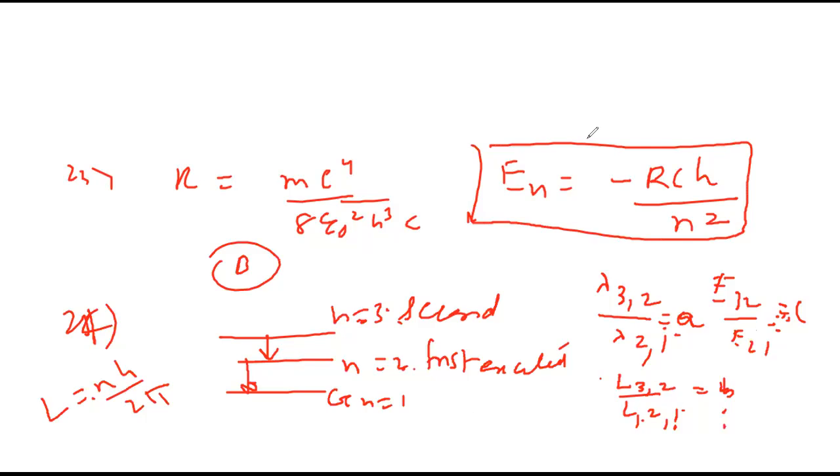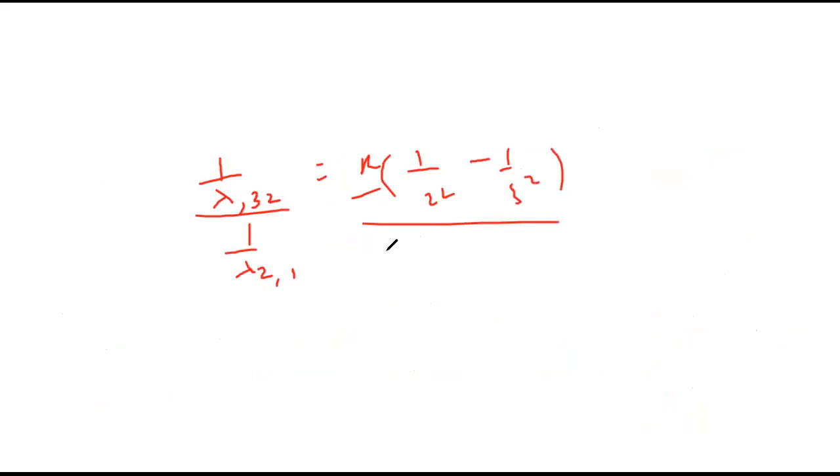Then they are telling check whether A is 27 upon 5. A means ratio of the wavelength. 1 upon lambda 3 to 2 is R into 1 upon 2 square minus 1 upon 3 square, and 1 upon lambda 2 to 1 is R into 1 upon 1 square minus 1 upon 2 square. R, R cancel.